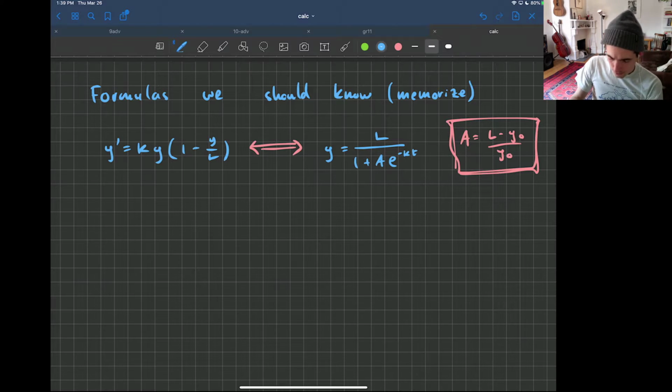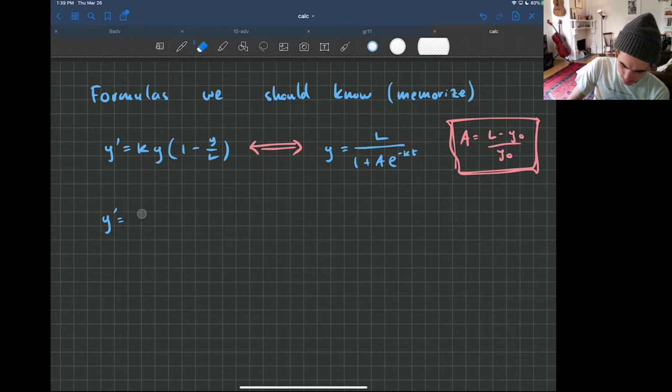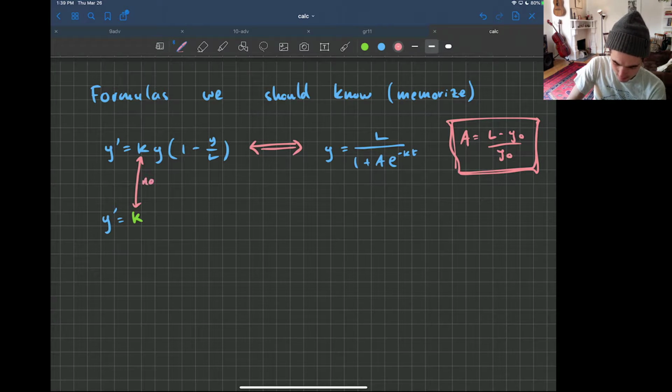Okay, so the other 2 formulas are just variants of this initial one. The other one is y prime is equal to k, and I'm going to make it a different color k, because it is a different k. They're not the same k.